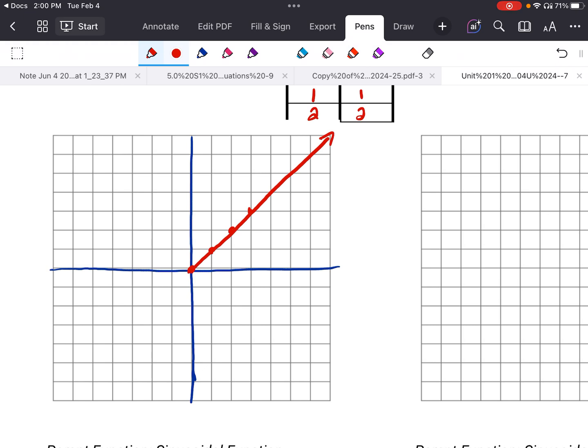So it's like two linear lines that make a V. Everything is positive.